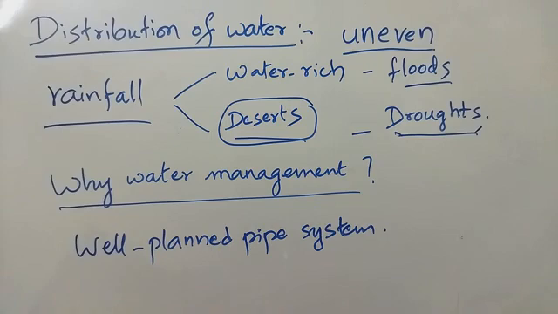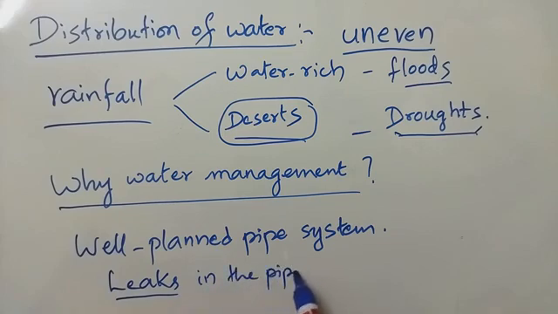In this planned pipe system, due to some technical problems, at some places there may be leaks in the pipes. If these leaks are not repaired, then it will cause wastage of the precious water.